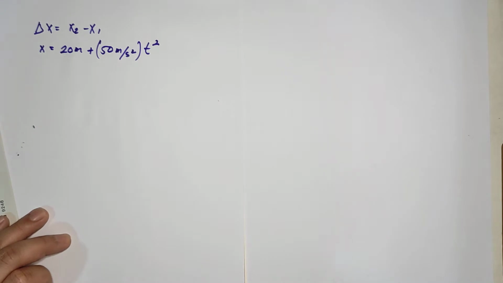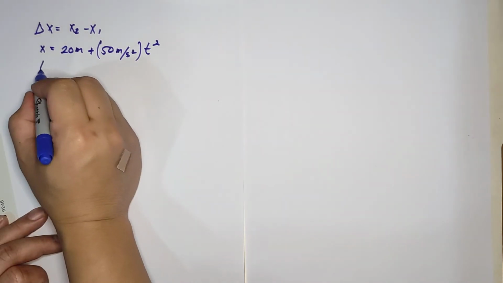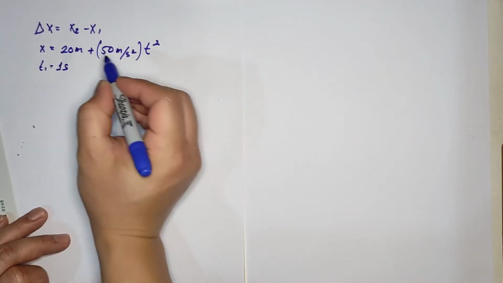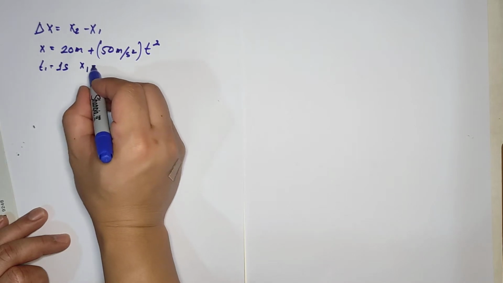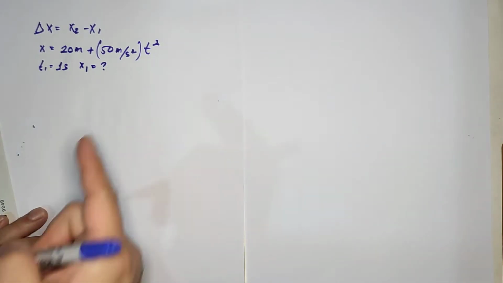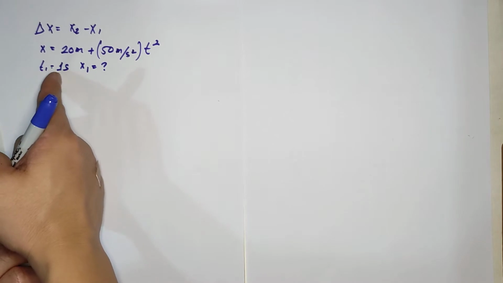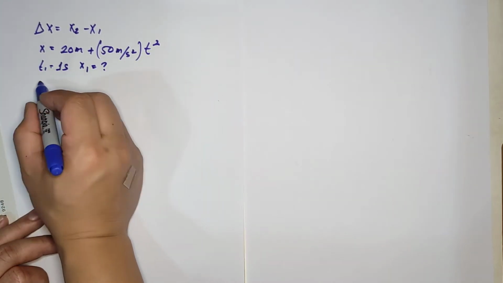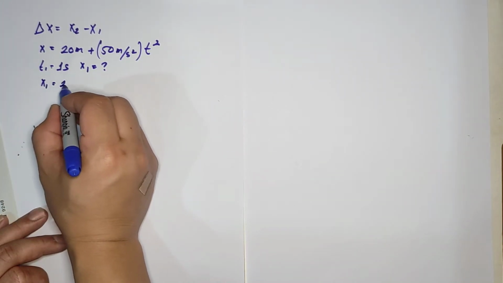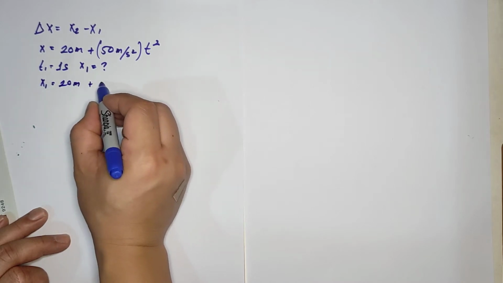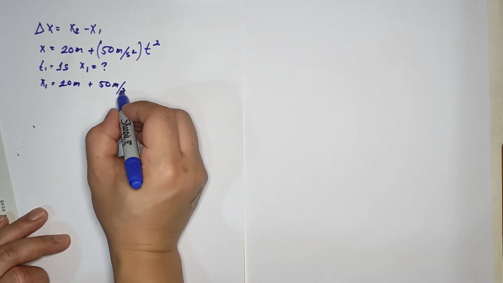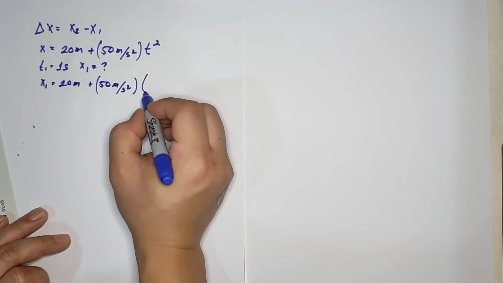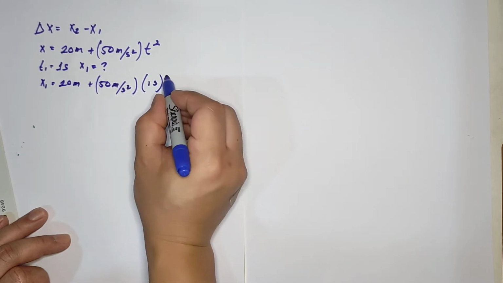Now at time 1, that is 1 second, what is your x1? We can compute the x1 by substituting t1 in this equation. So you now have x1 equals 20 meters plus 5.0 meters per second squared times 1 second squared.